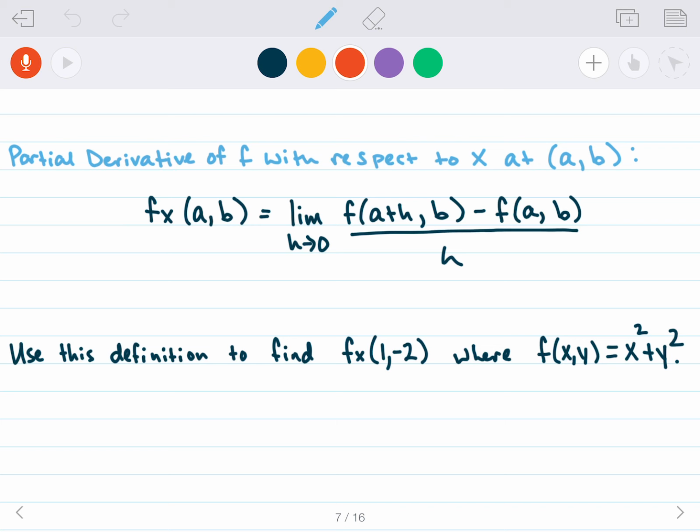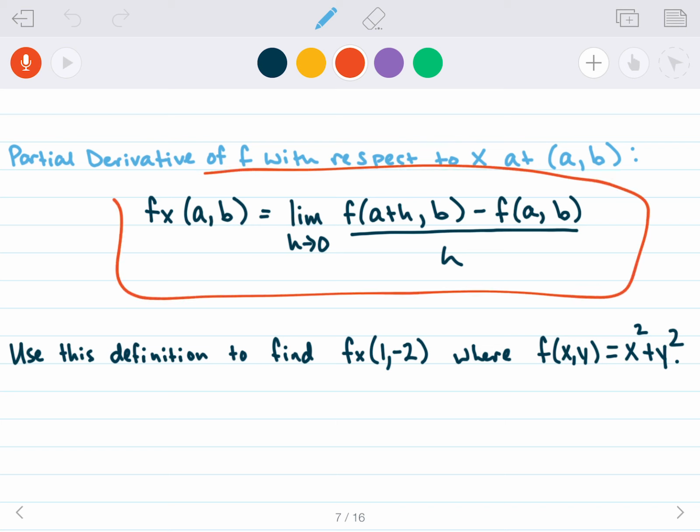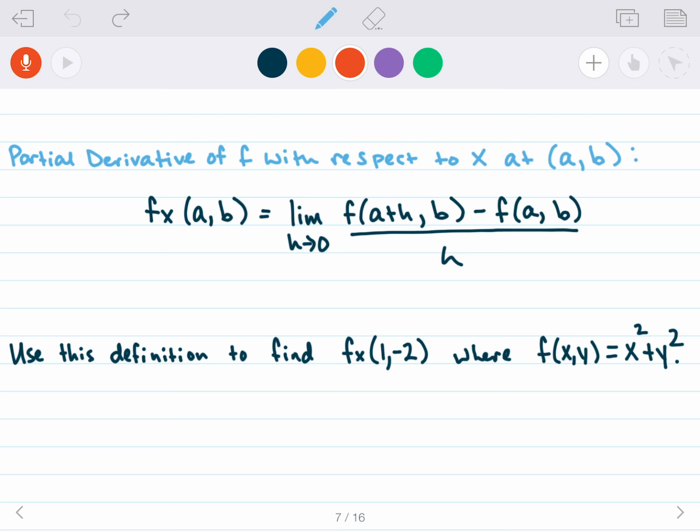So here is our definition. It looks very similar to the two-dimensional case. This is the partial derivative of f with respect to x at a point a comma b, okay? And notice what's happening here. If we look at this f of a plus h comma b, we're holding the y value fixed, right?